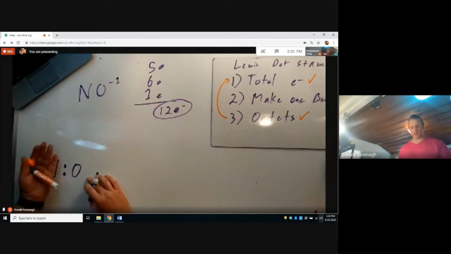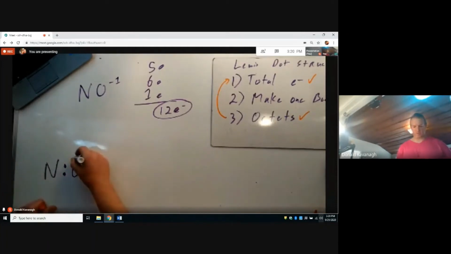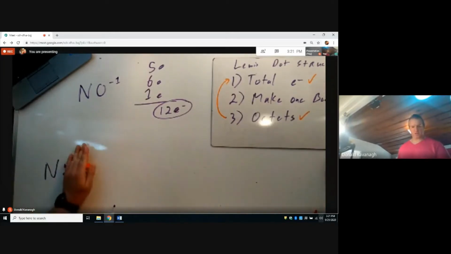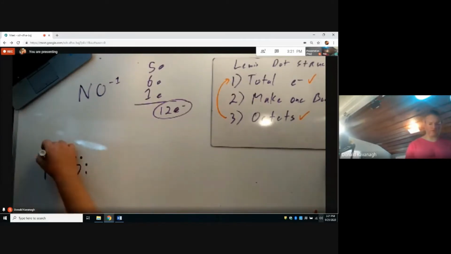Currently, oxygen only has 2, so I'm going to fill in. Oxygen now has an octet. Nitrogen needs an octet as well, so I'm going to fill in the electrons for its octet.